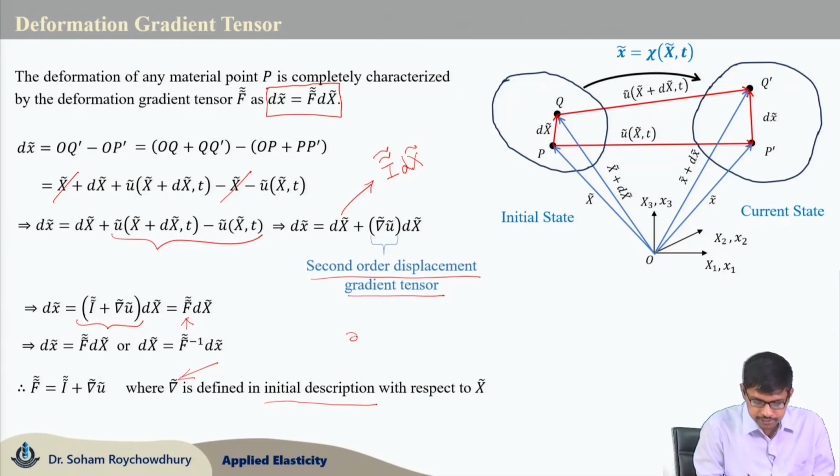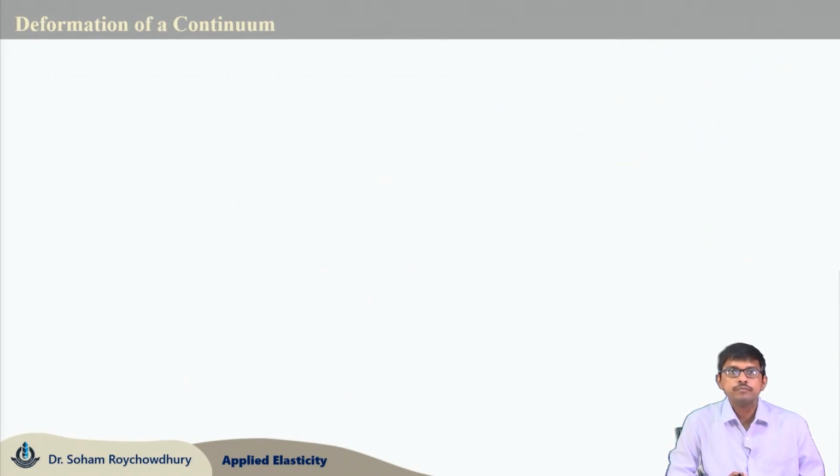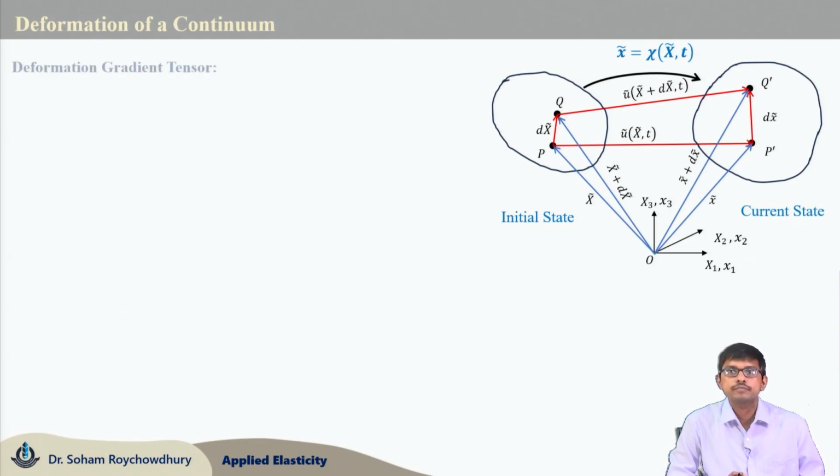So, this refers to del by del Xk. The derivative is with respect to the capital X components in the definition of the deformation gradient tensor in the initial or Lagrangian description. Now, coming to the components of this F tensor.